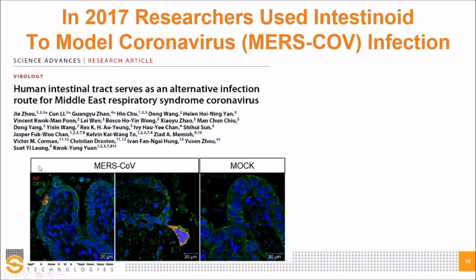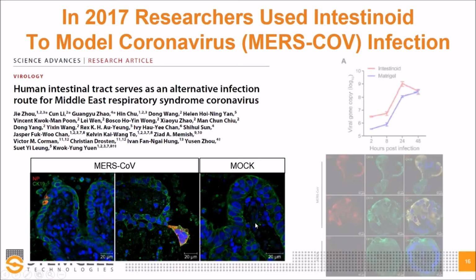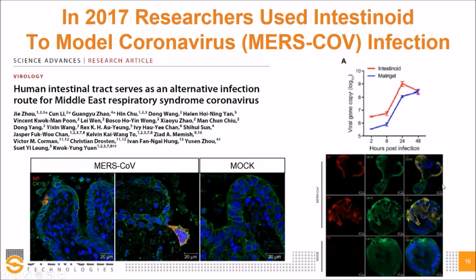They show that the virus infects the intestinal epithelium in intestinal biopsies by looking at the nuclear protein, and then they establish replication of the virus by infecting intestinoids. That's the way they call it in this paper. So they can see replication of the virus, and they can characterize the infection by looking at fixed sections of these organoids.